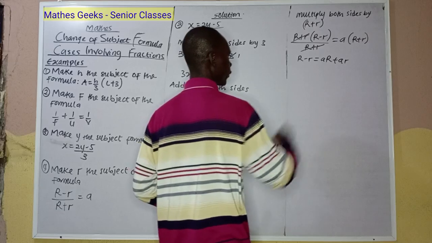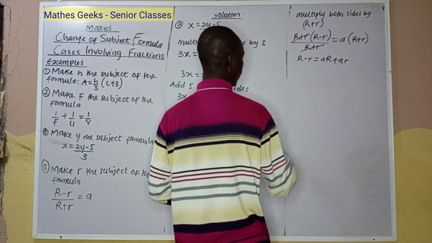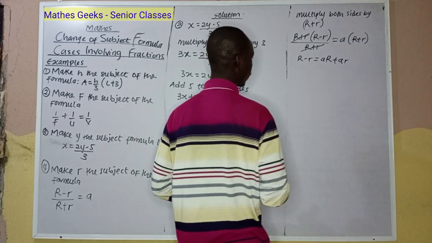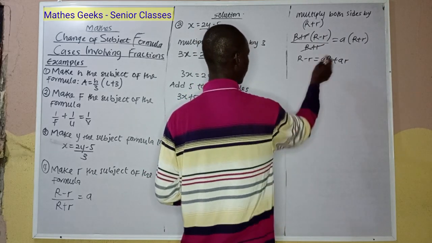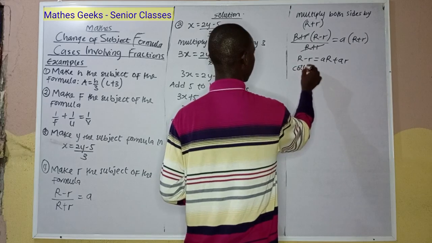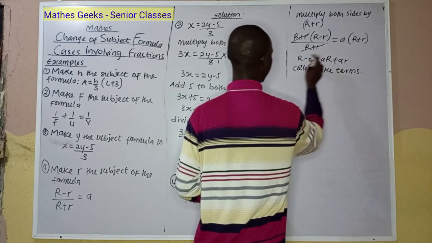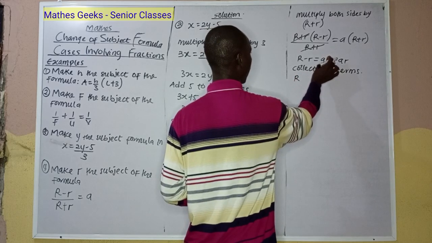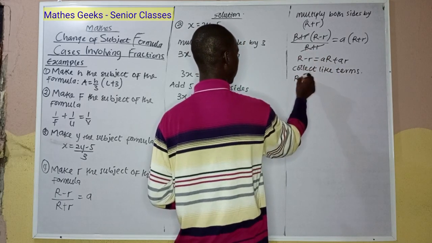Now you can see that we have r here and we have r here. So we're going to collect like terms, because we want to bring the r terms together. This aR will move to this side. Here it is positive; when it crosses this side, it turns negative.